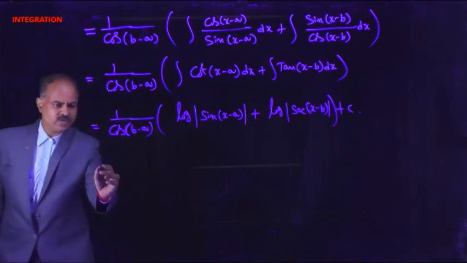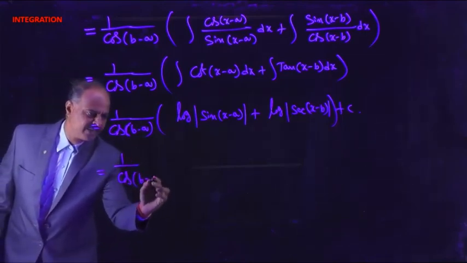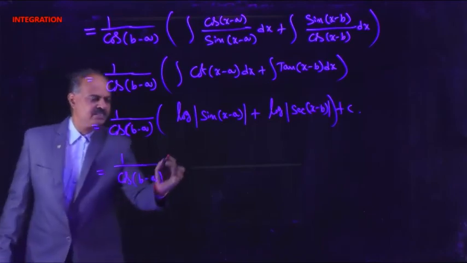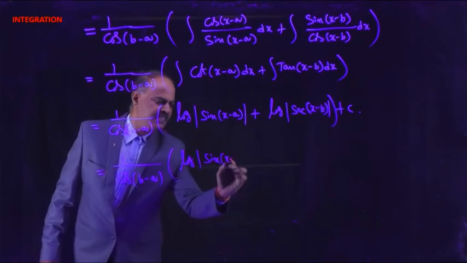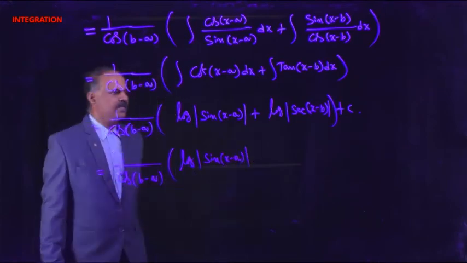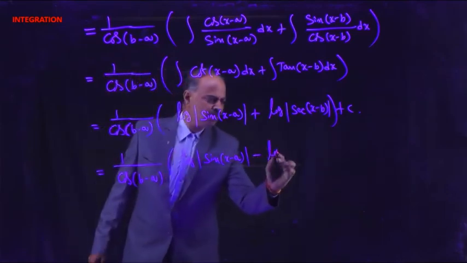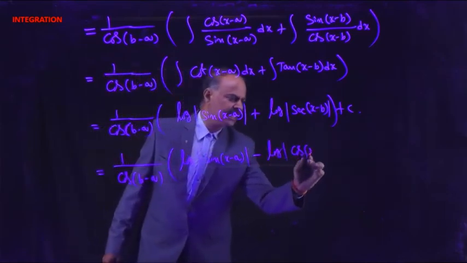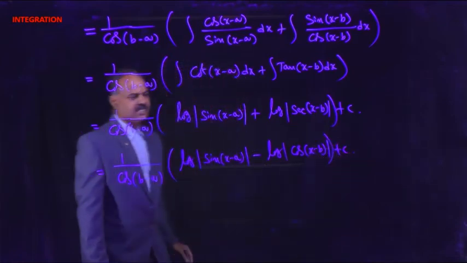Now this equals 1 by cos of (b minus a) into log modulus of sin (x minus a) minus, this can be written as, log modulus of cos (x minus b) plus integration constant c.